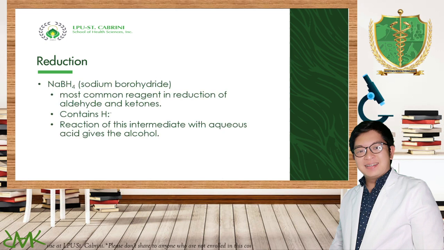Okay? Now, how about the reduction using sodium borohydride? Take note, guys, that's the most common reagent in the reduction of aldehydes and ketones. What I have shown you a while ago is a reduction of aldehydes and ketones in the presence of your transition metal catalyst. Most of the reduction reactions of our aldehydes and ketones use sodium borohydride as the reducing agent.